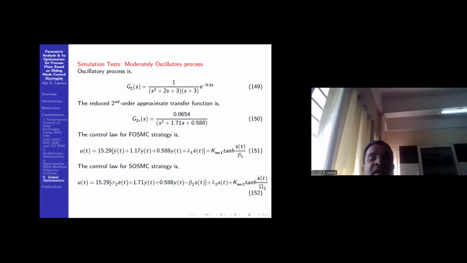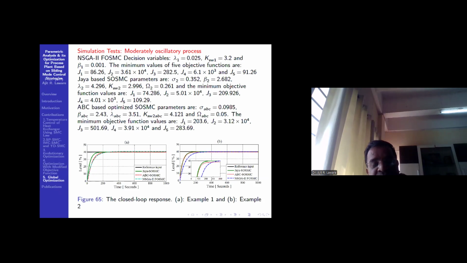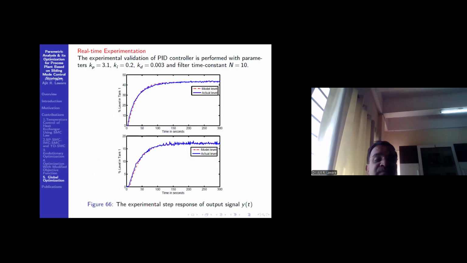Then I have taken the moderately oscillatory process for FOSMC and SOSMC strategies with U of t and their switching control input. So this is for the examples. For the moderately oscillatory process, still here I am verifying which algorithm is the best, and still I am getting that Jaya is the best.